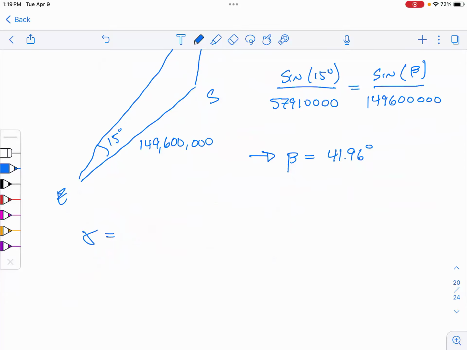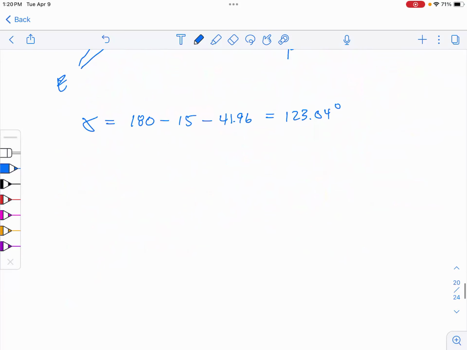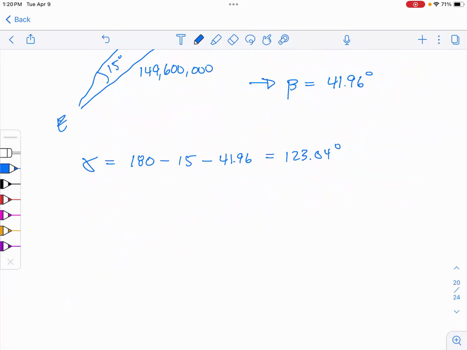Similarly, then, I can find gamma. And then law of sines one more time.